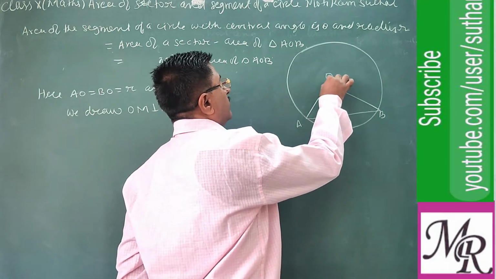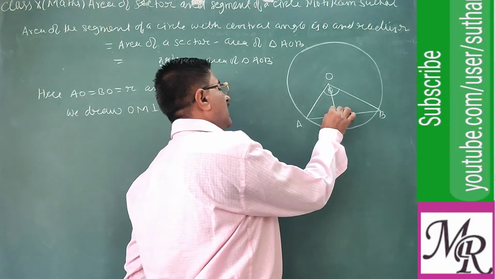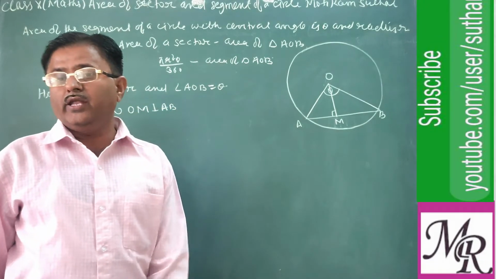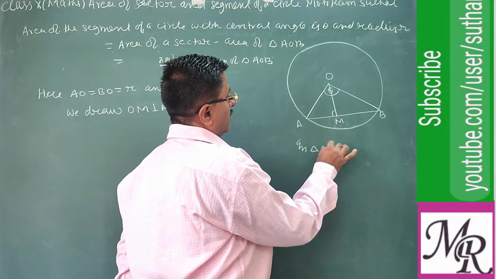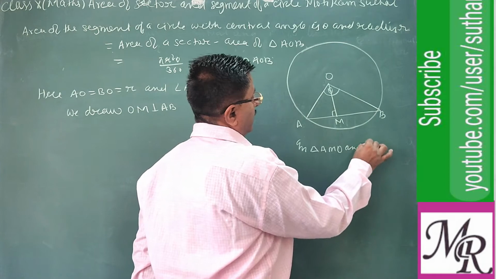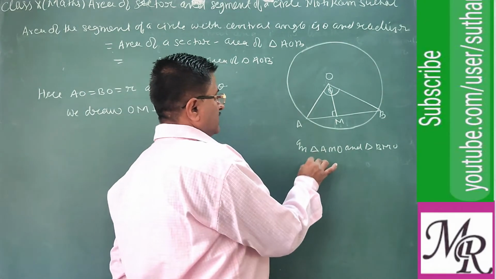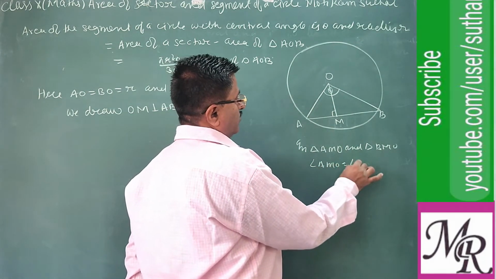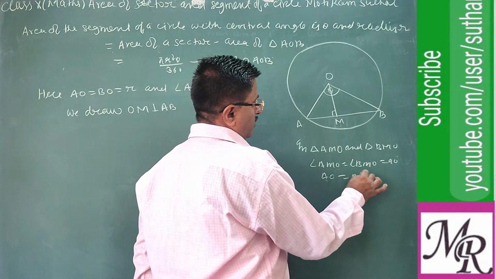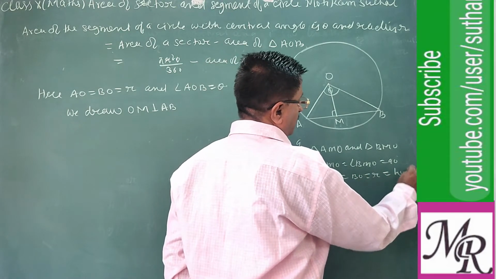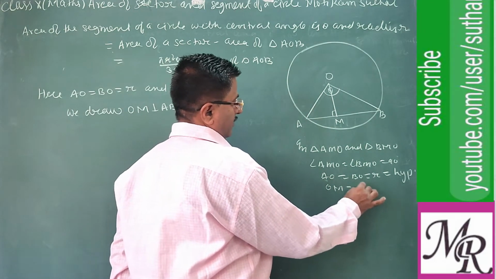If we draw a perpendicular from O to M, you know that this angle will be 90 degrees, and in the previous class you already learned that triangle AMO and triangle BMO are right triangles. So angle AMO equals angle BMO, that is 90, and AO equals BO, the radius, which is the hypotenuse of both right triangles. The hypotenuse is equal and one side is common.